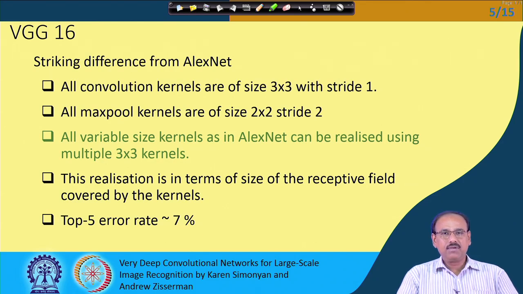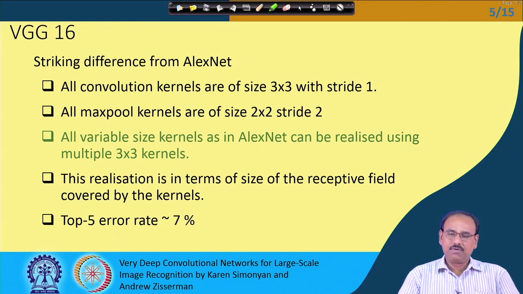Whereas, in case of VGG16, it uses convolution kernels of uniform size, that is every convolution kernel is of size 3 by 3, and it performs the convolution operation with stride 1. And as we have already seen, the max pool kernels are of size 2 by 2 and the max pool operation is performed with stride 2, that means the max pool windows are non-overlapping in nature.